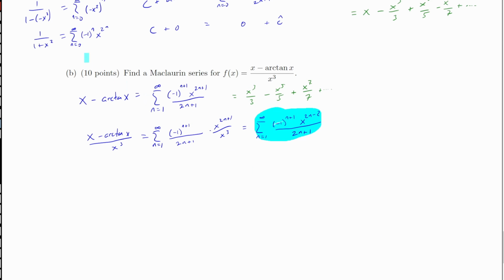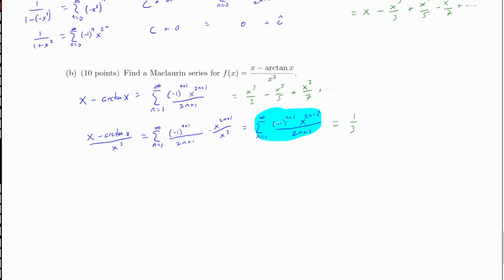Okay, so if I now write out what these terms look like, when n is 1, I'll have an even power, so it'll be positive. I'll have 2 minus 2, which is 0, so x to the 0, so I don't have an x here, over, when n is 1, I'll have a 3, so I just get a 1/3, okay, which lines up. I should get what I had previously, just divided by x cubed.